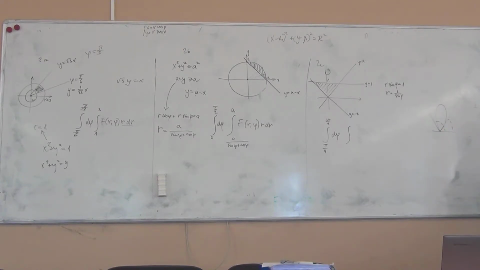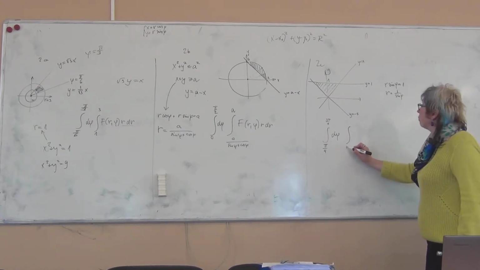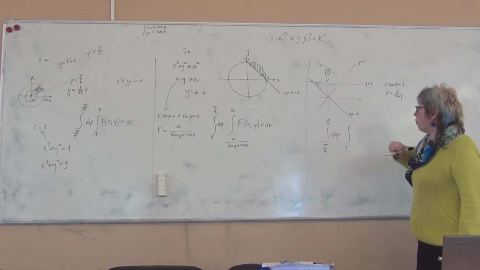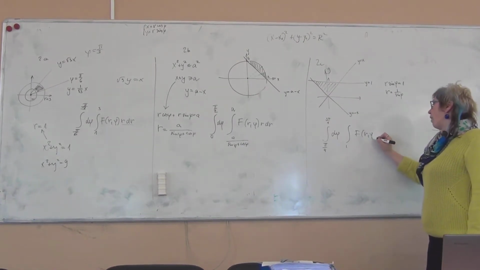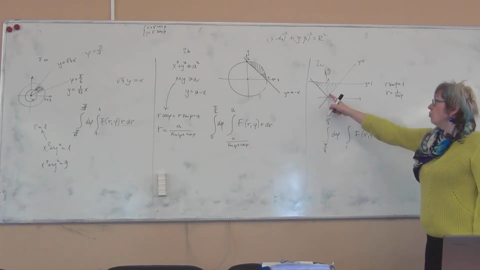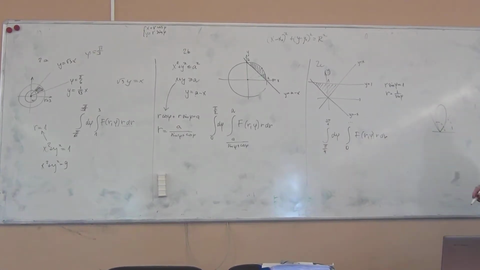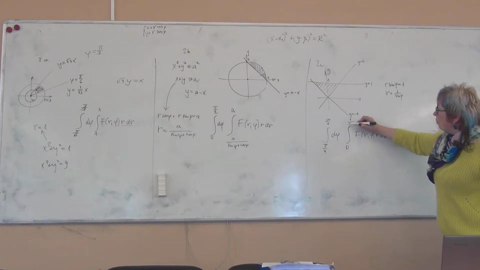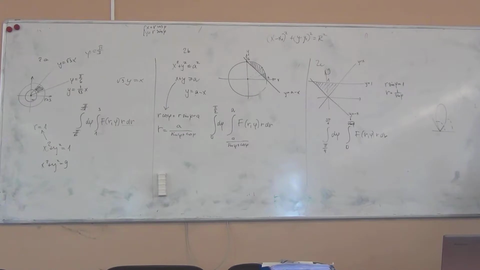So what we have to do is from pi over 4 to 3 pi over 4, but the r value changes from 0 to this line. So from 0 to this. So it's 1 over sine phi. So the integral would look like this.